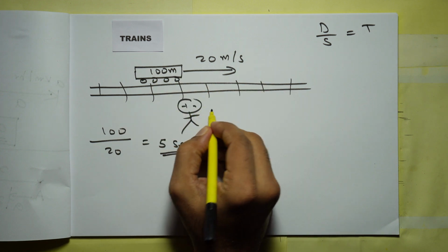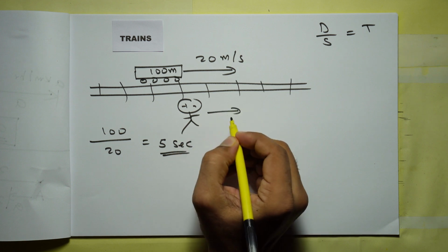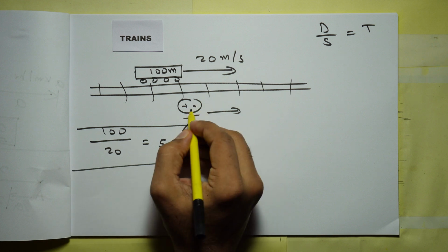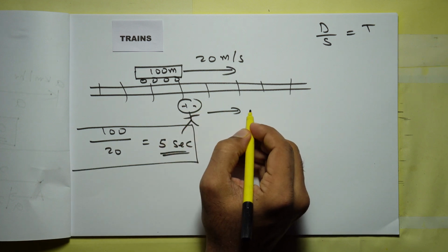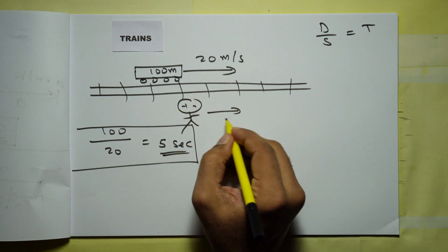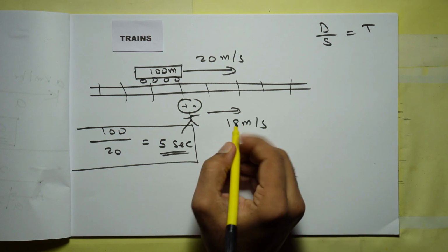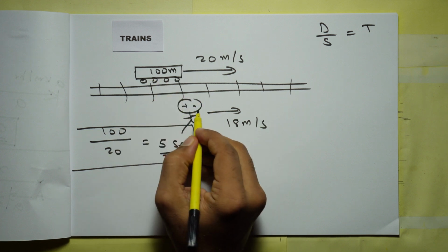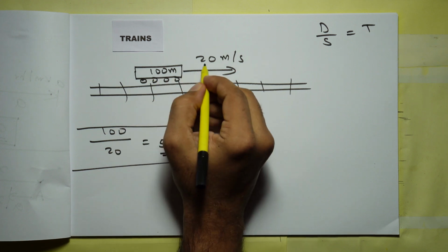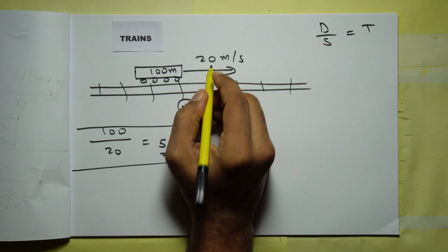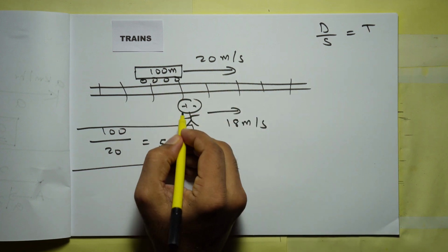Now assume that this person is moving in this direction. I'll just separate it here. Assume that this person is moving in this direction, in the same direction as that of the train, and his speed is 18 meters per second. So you can see that the train will still overtake this person because the train is moving at 20 meters per second. So what is the time required for the train to overtake this person?